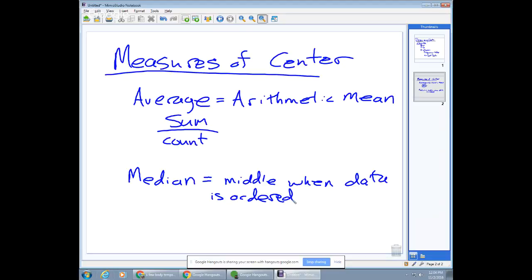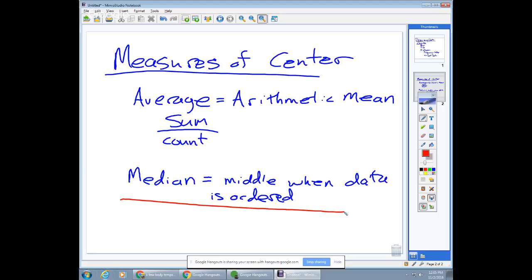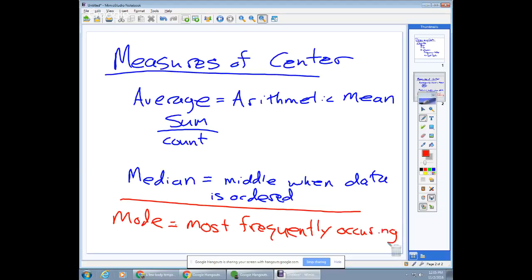There's another kind of measure of center called the mode. That's just the most frequently occurring value.